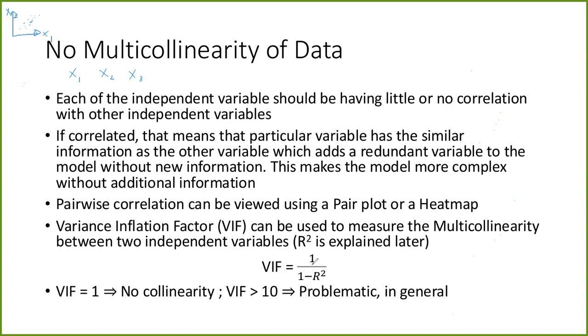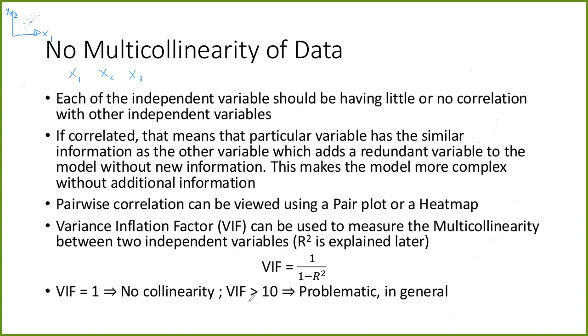In the next slide, we will explain what R square is. With this statistic, you can see whether there is multicollinearity between a given couple of independent variables. If VIF is 1, there's no collinearity.